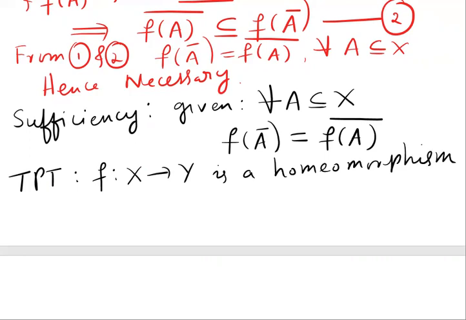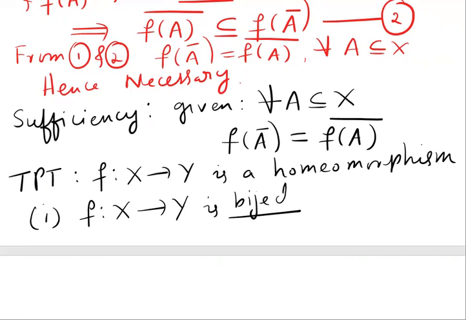We have to prove F is bijective, F is continuous, and inverse is continuous, right? So now first one, is it bijective? F from X to Y is bijective. Why is it bijective? Because it is given.